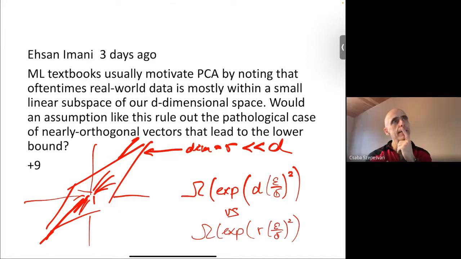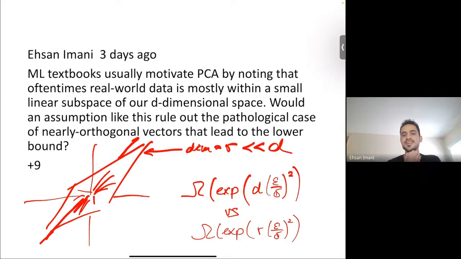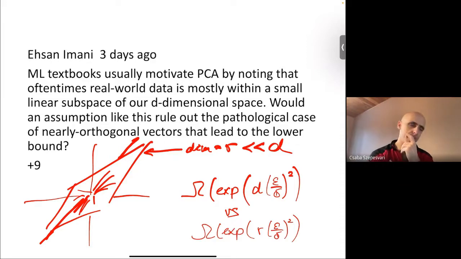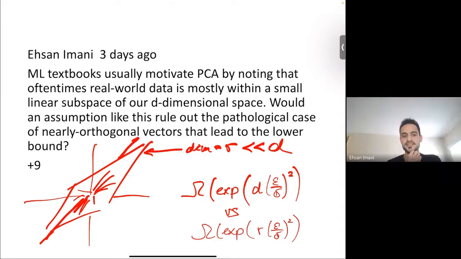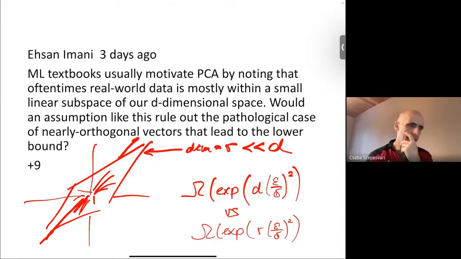I don't know whether I like these questions, because it is subjective. How do you decide? There is no objective measure of how reality is. Is reality such that these low dimensional things do happen or not?